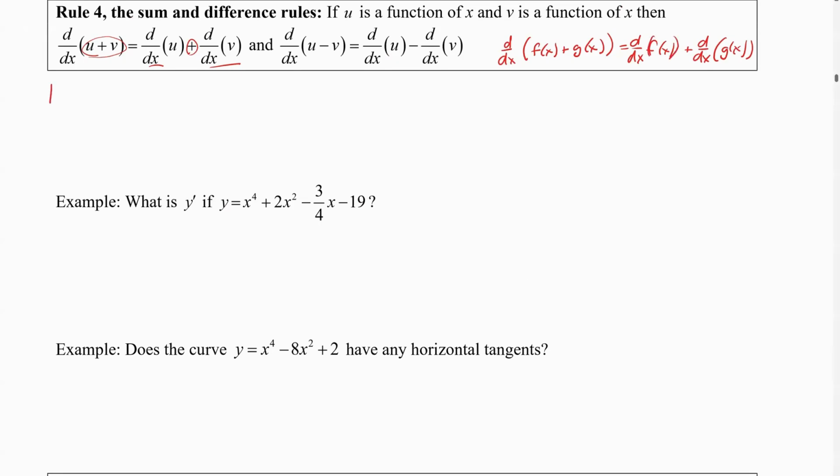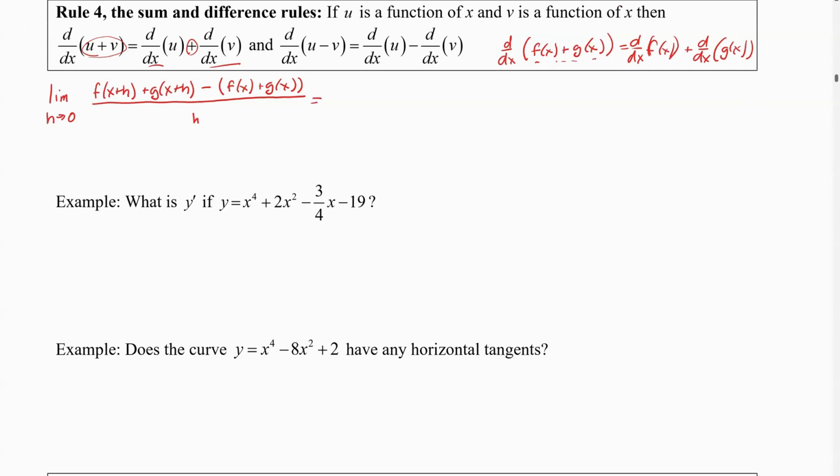Let's prove that. The limit as h approaches 0 of f of x plus h plus g of x plus h. That's me evaluating this function at x plus h, minus the quantity f of x plus g of x. And this is the function without any internal manipulations, all over h.